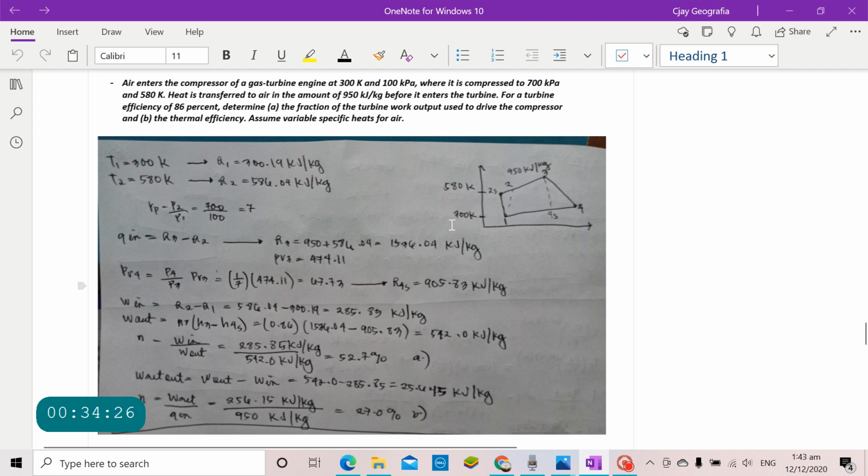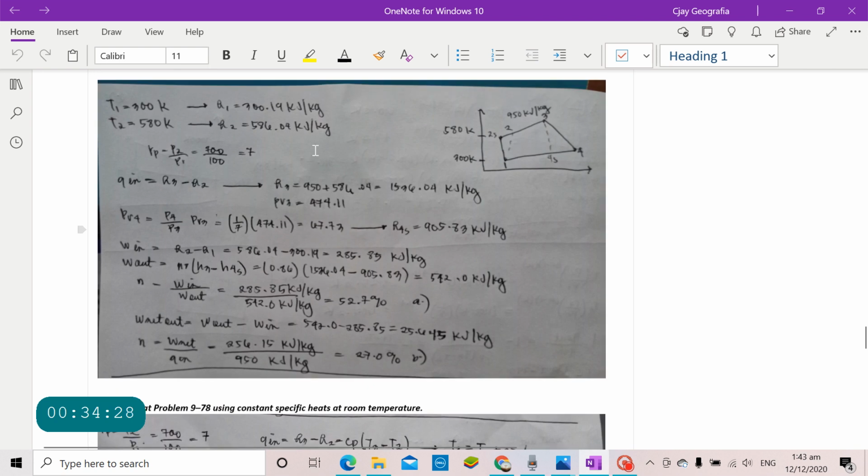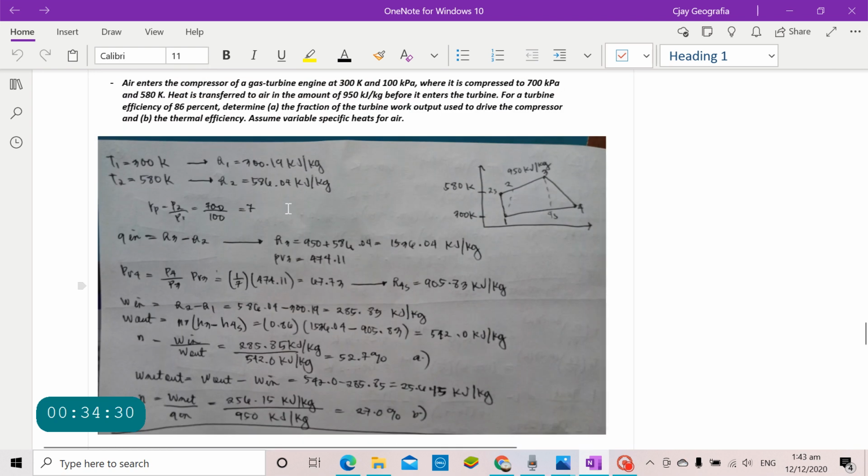First use the isentropic relations. Same process as we solved a while ago. After getting that, I will first introduce the diagram. This is our diagram, the isentropic relations. Then for A, we have to solve for the fraction of turbine work used to drive the compressor.